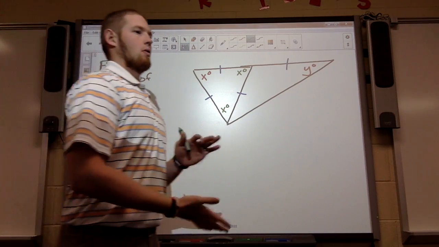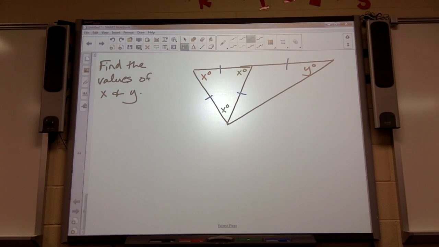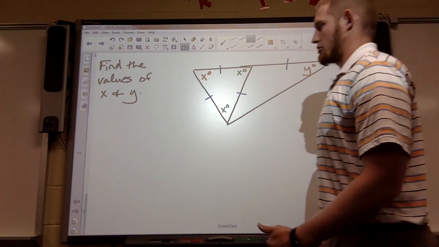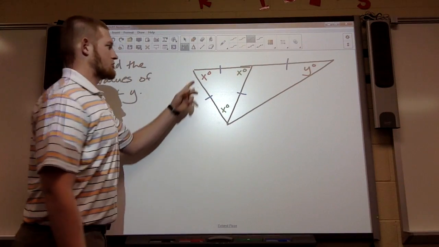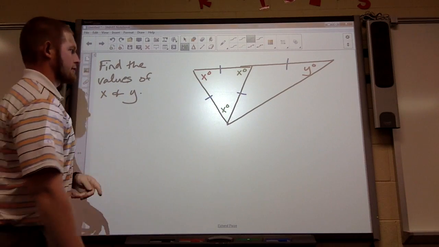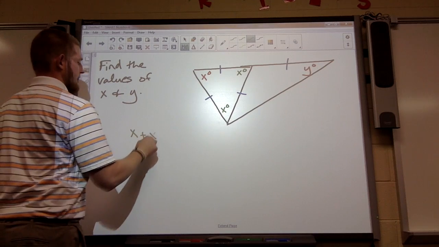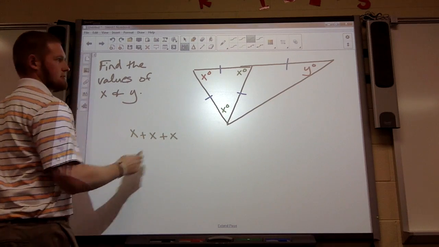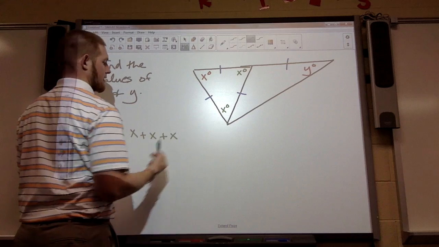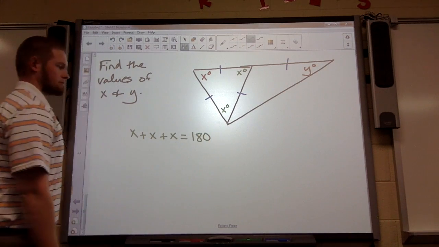Okay, well, how many degrees are in a triangle? We know that there's 180 degrees in each triangle. So what should my angles add up to? They should add up to 180 degrees. So I know that x plus x plus x, this angle, that angle, all have to add up to 180 degrees.